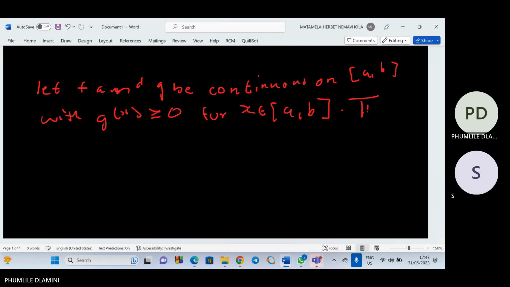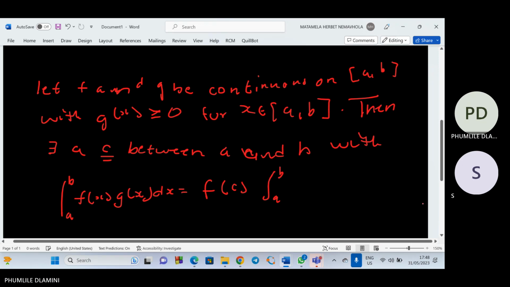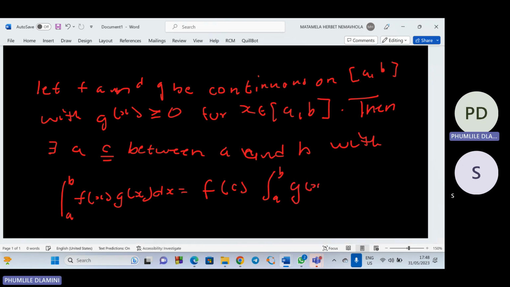then there exists a c between a and b, with the integral from a to b of f of x g of x dx equal to f of c times the integral from a to b of g of x dx.